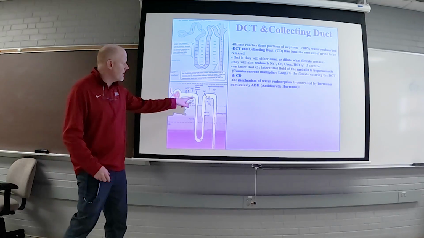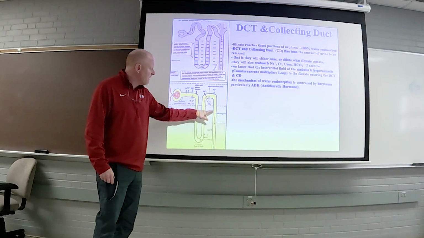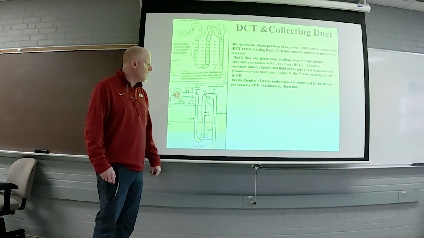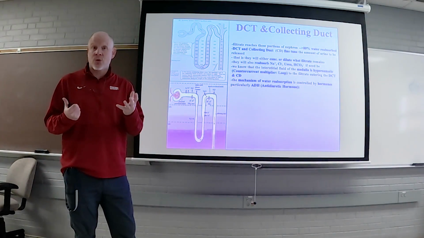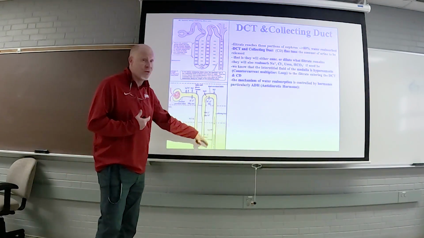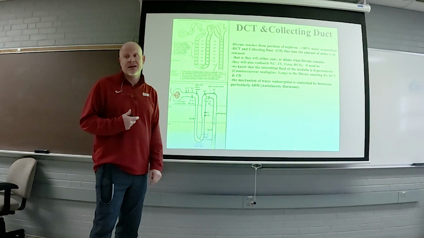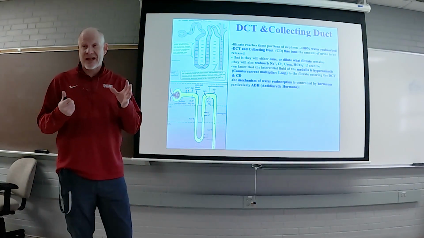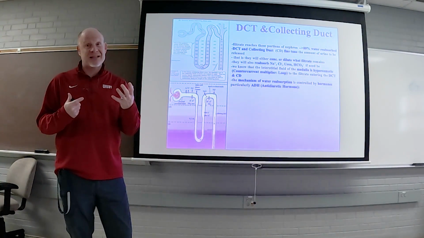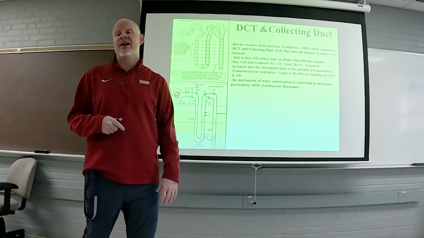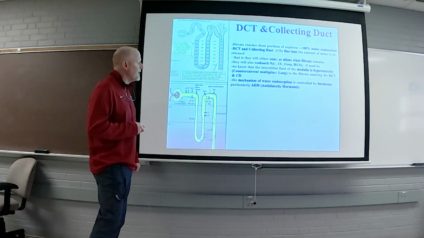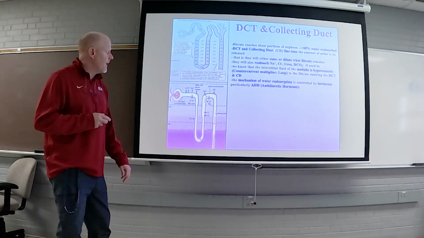Now, you can imagine if our collecting duct becomes tolerant or doesn't recognize hormones, you will start producing a ton of urine. I know 10% of the filtrate doesn't seem like a lot, but 10% of 180 liters is a lot. So it could be very dangerous if that happens. It's very rare.